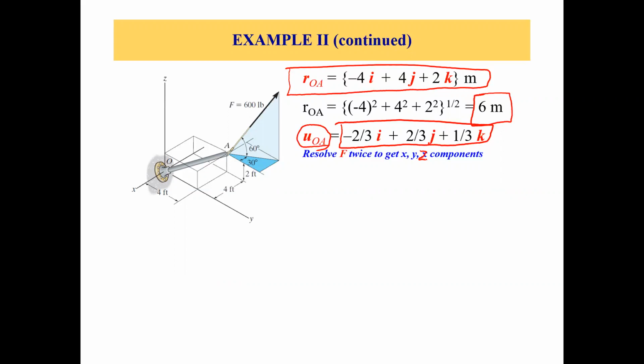If you resolve this force, you cannot get X, Y, and Z components in one step. If you remember, we did one problem where we had to resolve the force twice. So this is also a similar problem.